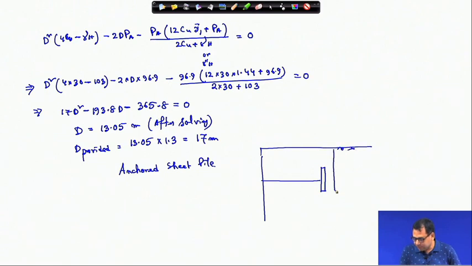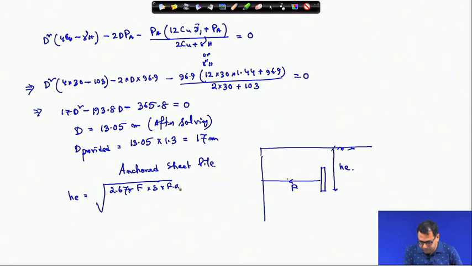This is the He value, and I gave the expression He is equal to root over 2.67 into F, which is the anchor force, and into S, the spacing, into factor of safety, and then divided by Kp minus Ka into gamma into L. The meanings of all these notations have already been explained.